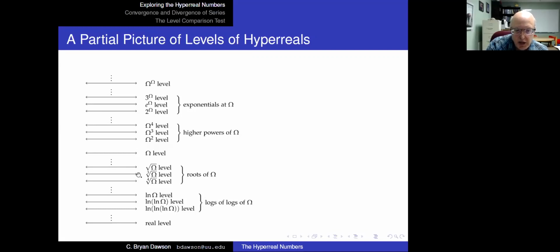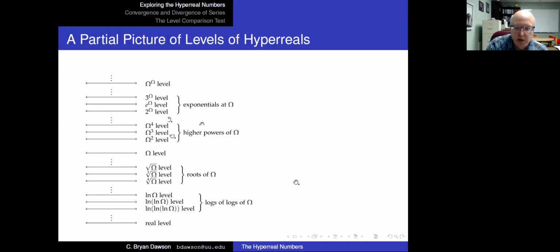Like omega to the 1/2, to the 1/3, to the 1/4. It turns out that the natural log of capital Omega is below every one of these levels. And then natural log of natural log omega is below that, etc. Exponentials are above all of your powers of omega, above those levels.